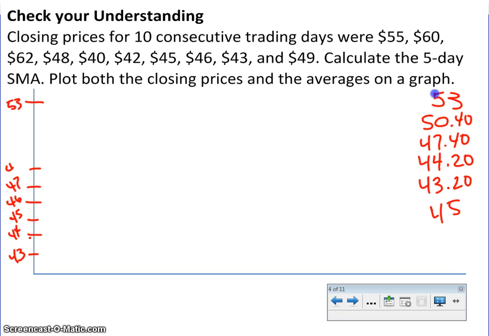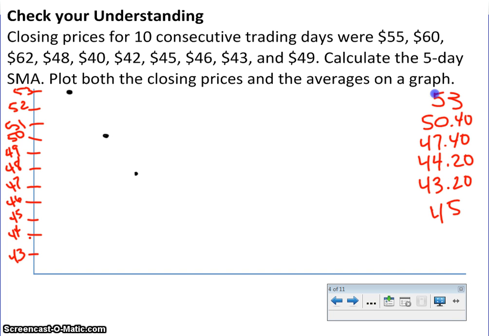So let's go ahead and break these down. That looks a little off here. Give me just a second. So breaking it down, I know that the first day was 53, second was 50.40, third was 47.40, somewhere right in there, maybe a little bit higher.